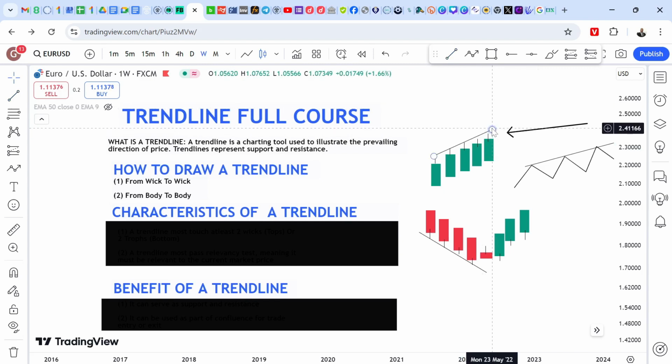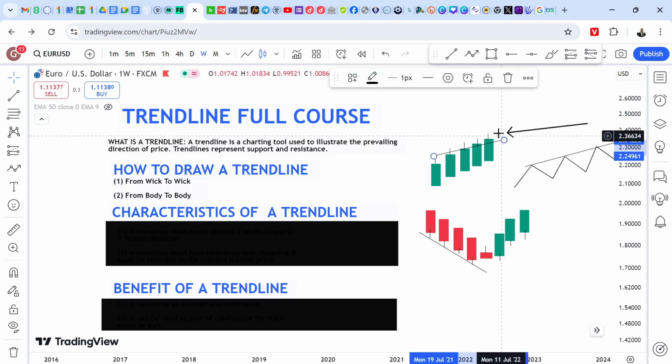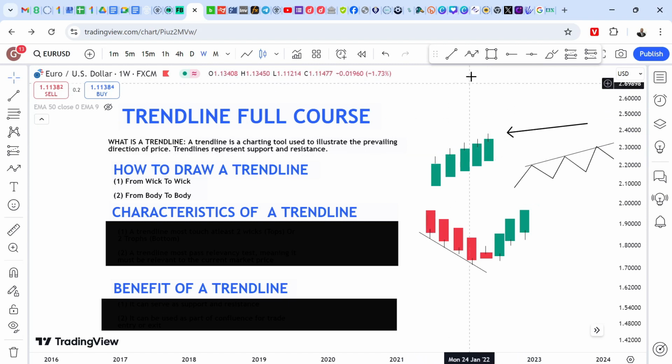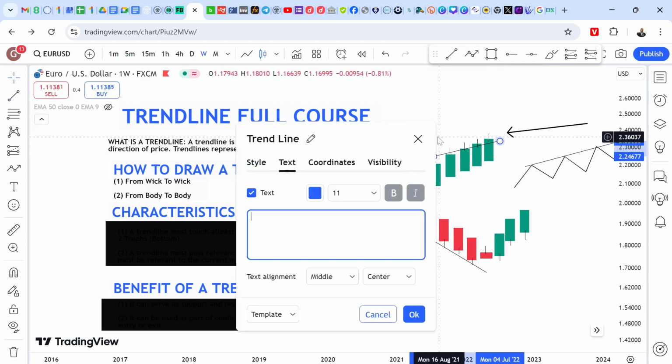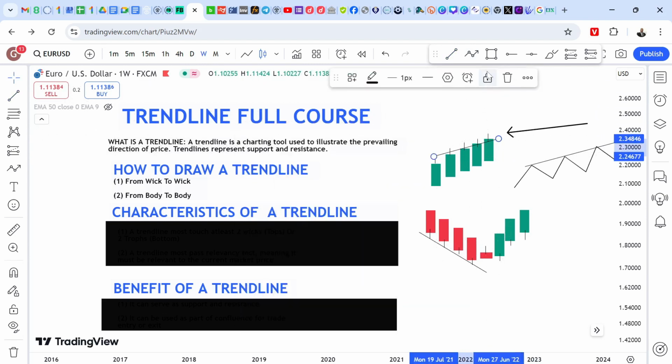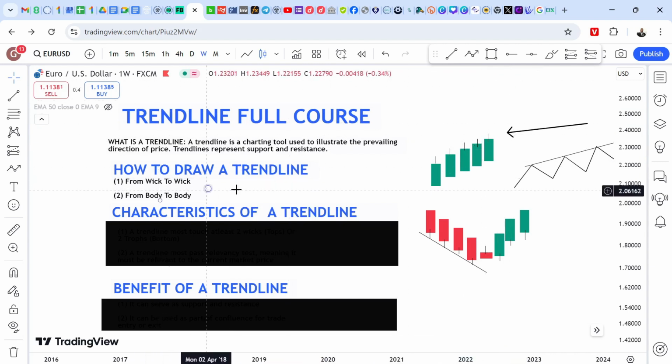If I connect from wick to body, then I'm not drawing it perfectly. I violated the rules of a trend line. Why? Because if I'm picking from wick, I should be picking from wick to wick, not from wick to body. That is a violation. Number two, another way of drawing a trend line is from body to body.